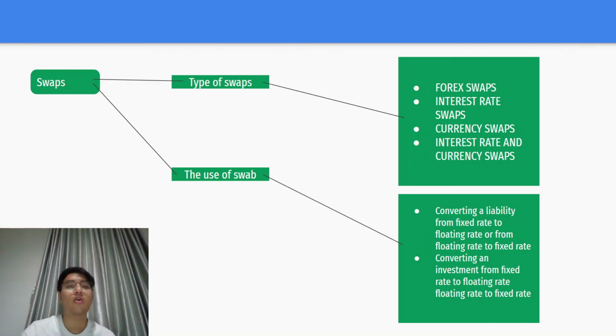Next topic is swap. Types of swap. There are four swaps: interest rate swap, currency swap, and interest rate and currency swap combined.